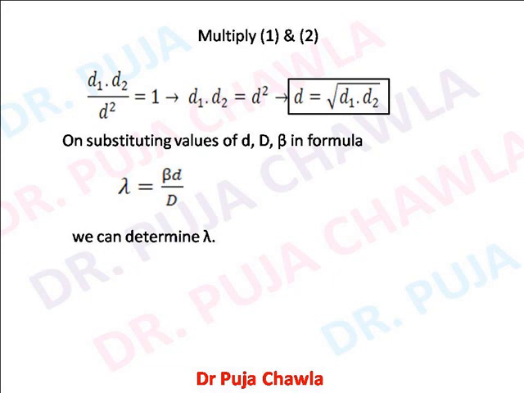Thus, up to now, you have determined all the 3 parameters: beta, capital D, small d. If you substitute all these values in the formula for lambda, you can easily determine lambda, that is the wavelength of monochromatic light.